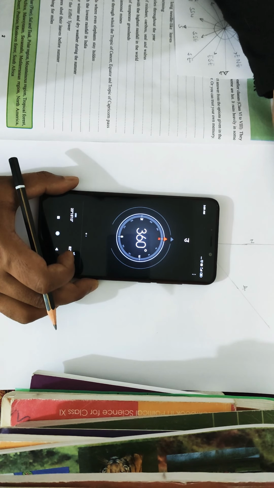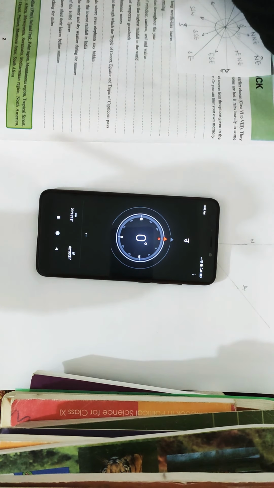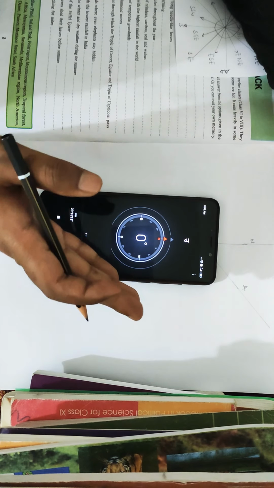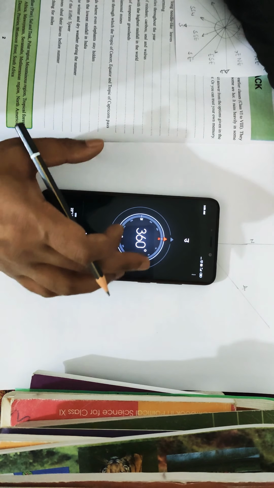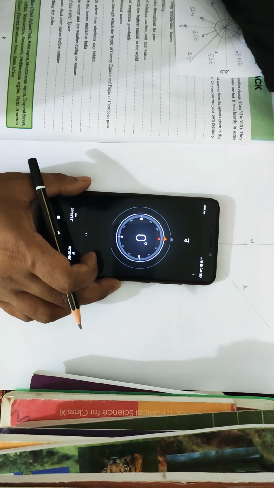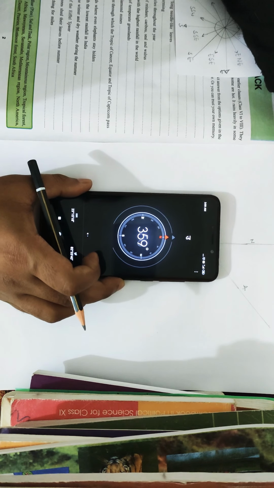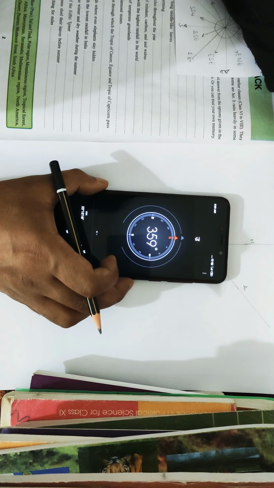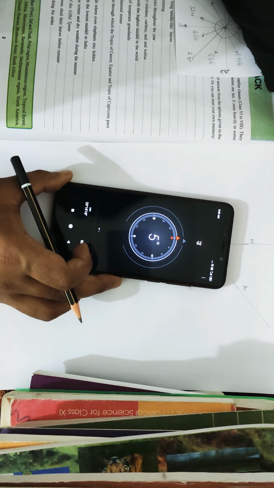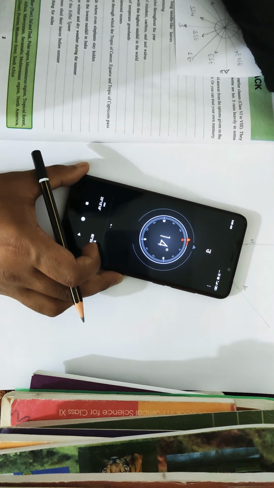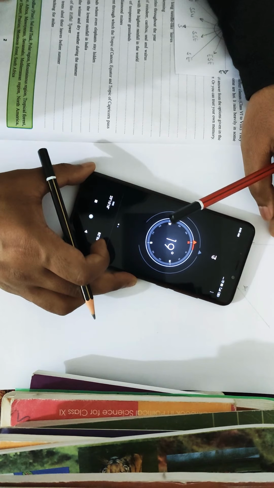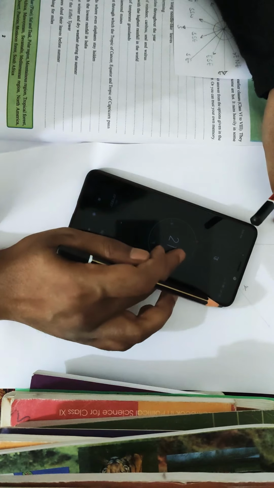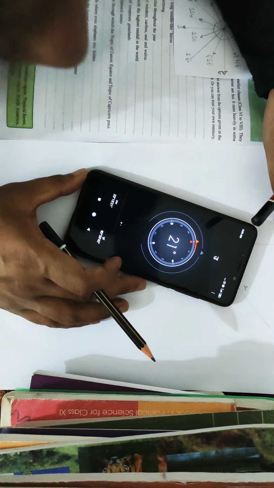Now it is 360 degree or 0 degree. Okay, it is pointed at the north. Now I have to move the compass in the right direction. I will move the compass in the right direction always. North direction is fixed here, and I will check this direction. When it meets the direction of the point, that will be our angle.